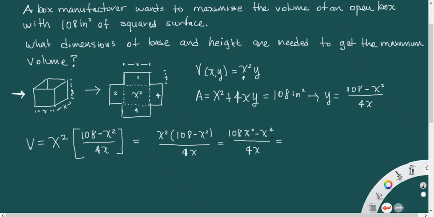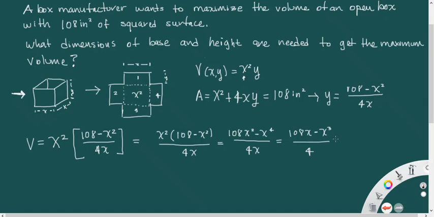Simplifying here, this x will cancel with this, so this is equal to 108 times x minus x cubed divided by 4.